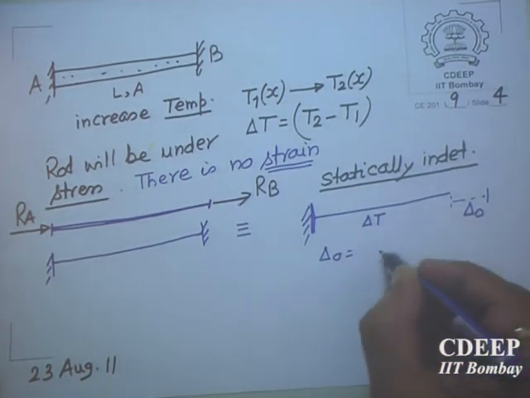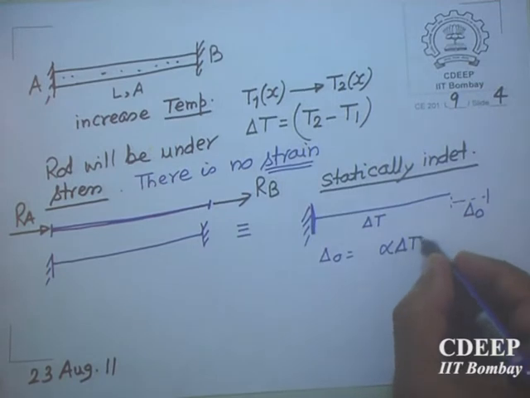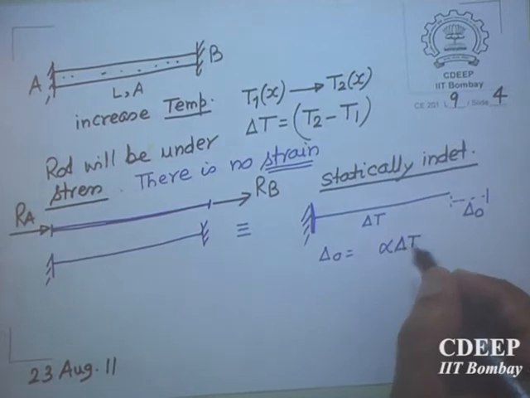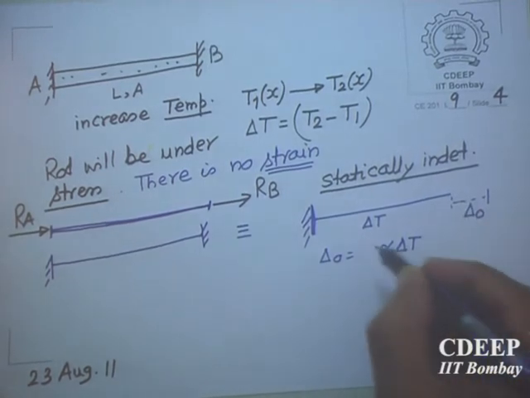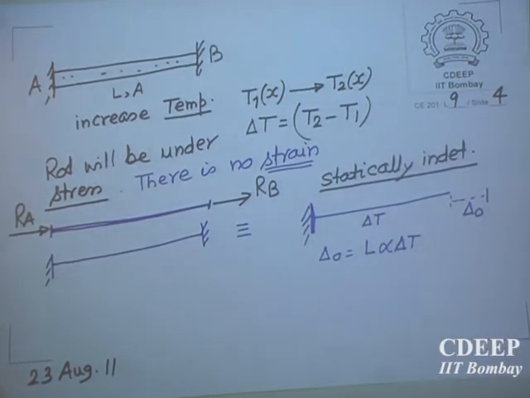Delta naught will be equal to alpha into delta T, which is the uniform strain, into L. So delta naught will be this.